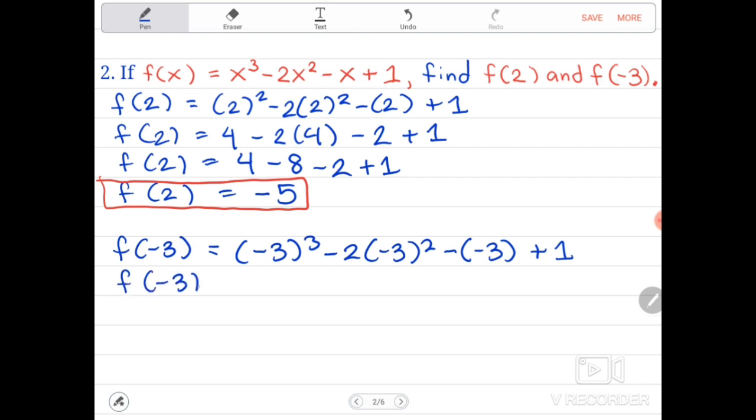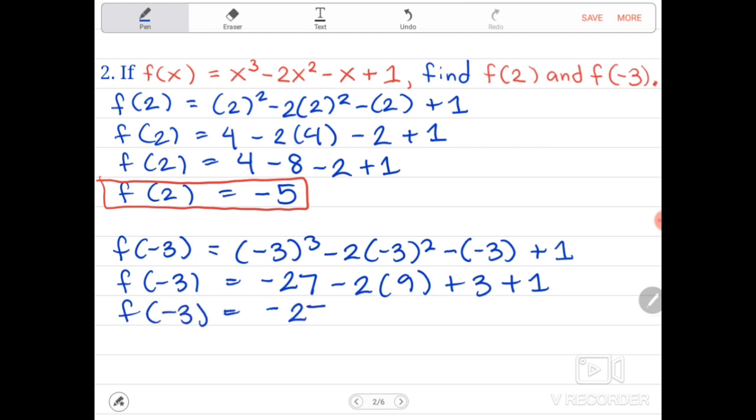So we have f of negative 3 is equal to negative 27 minus 2 times 9 plus 3 plus 1. So f of negative 3 is equal to negative 27 minus 18 plus 3 plus 1.